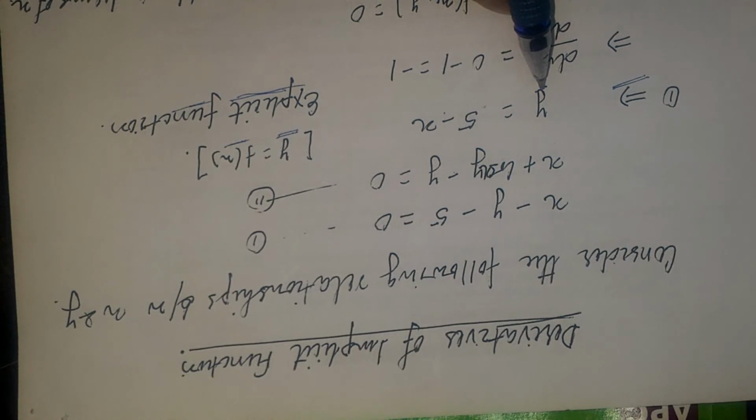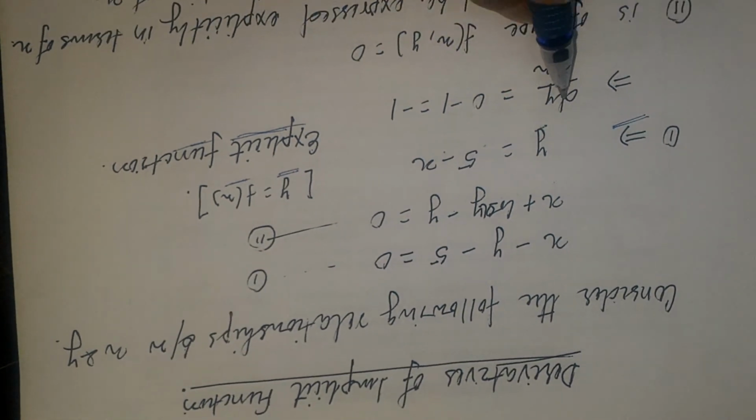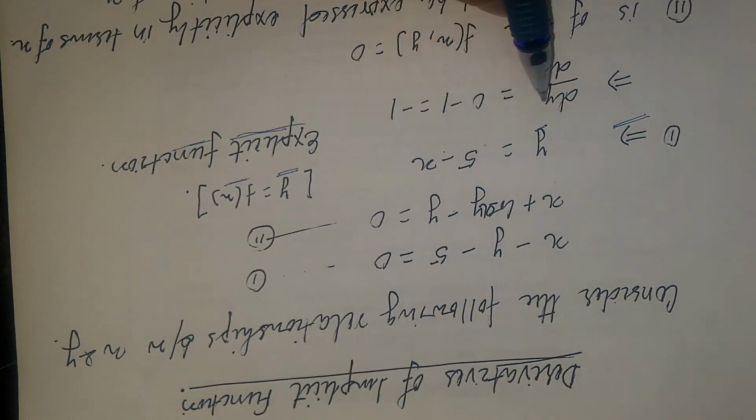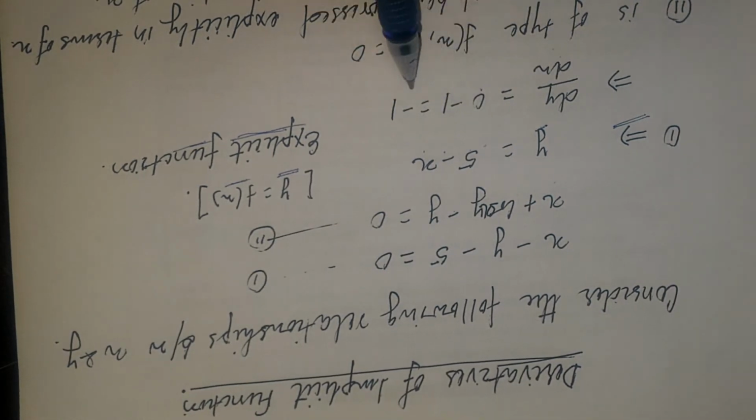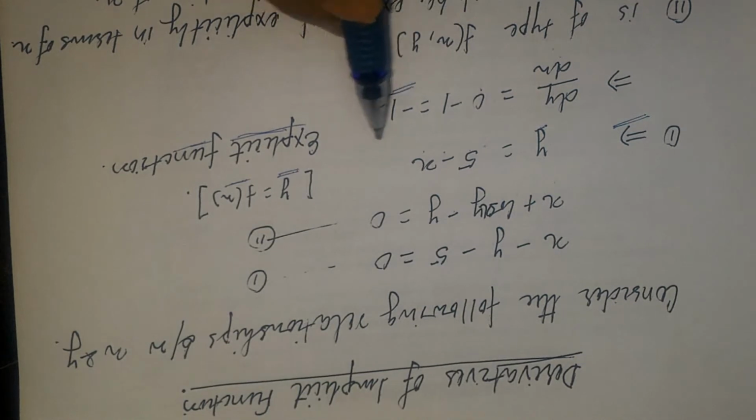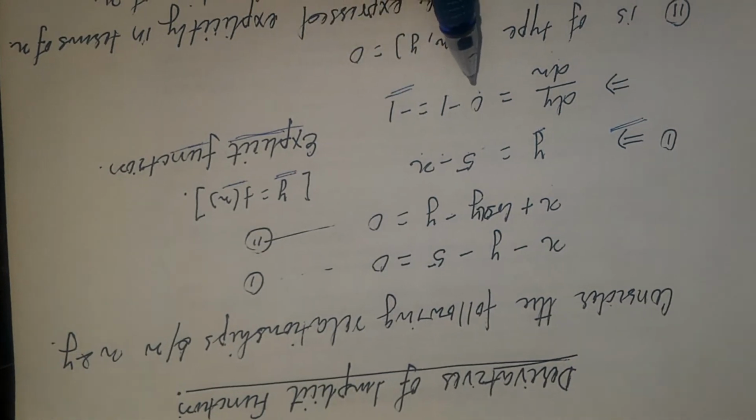For finding the derivative of this function, it's very simple. Differentiate both sides with respect to x, so it is dy by dx. 5 is 0, x is 1, so minus 1. So this is an explicit function, we have done it.